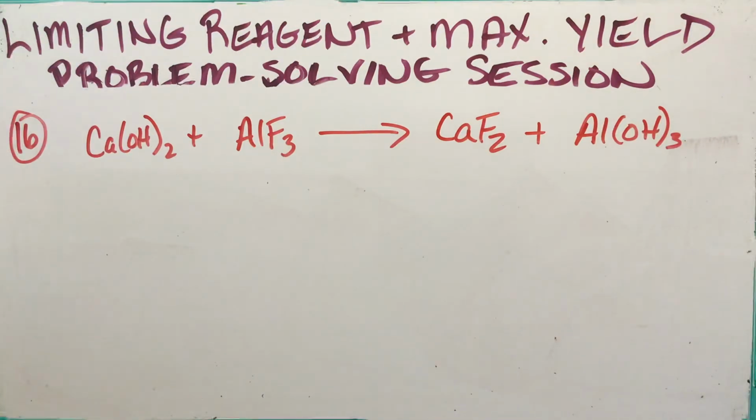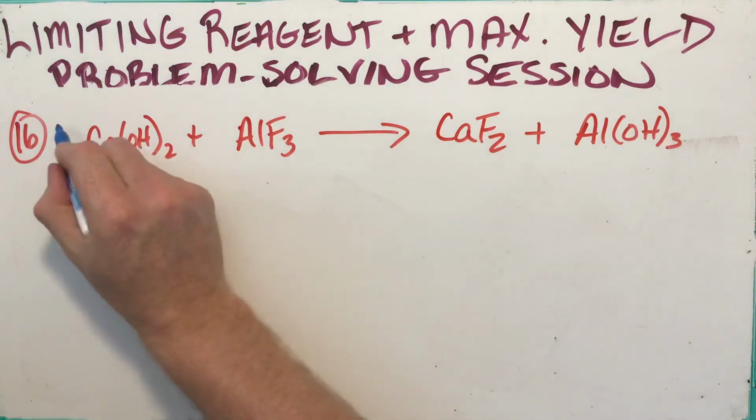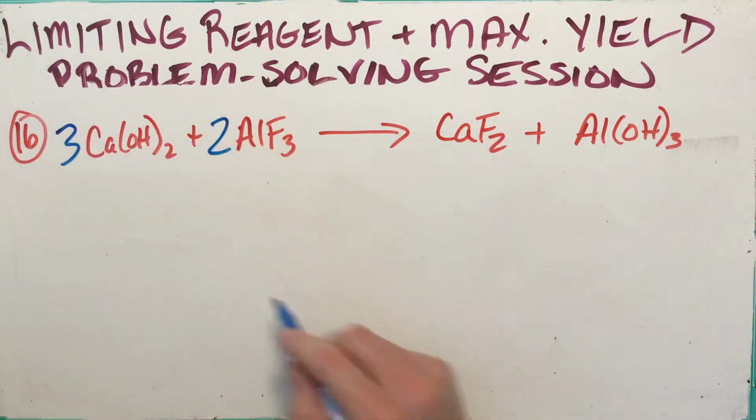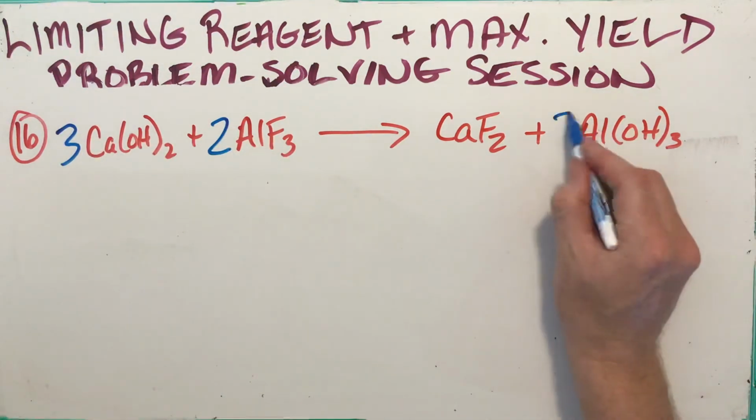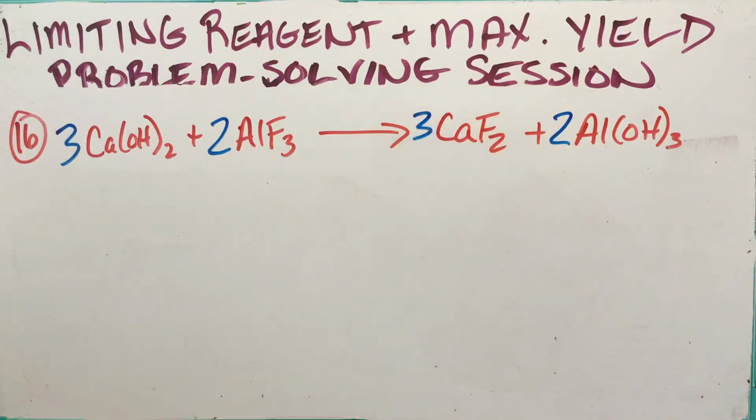Formulas have to be automatic for you guys by now. Always, always, always going to be using our formulas. Of course, now I have to balance this. So to balance it, 3 here, put a 2 there. I'm going to put a 2 here and a 3 here. All right. Balancing hopefully is automatic for you guys by this point as well.